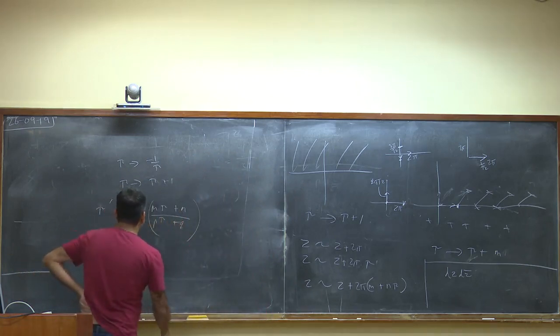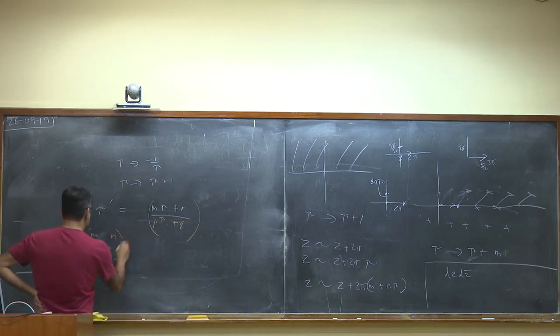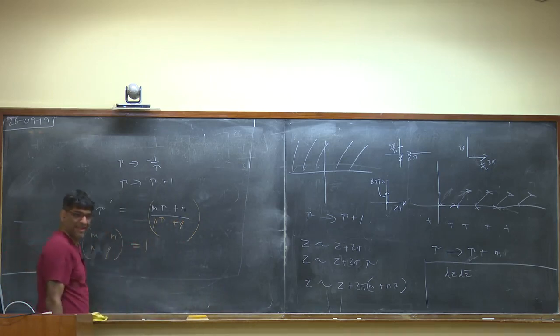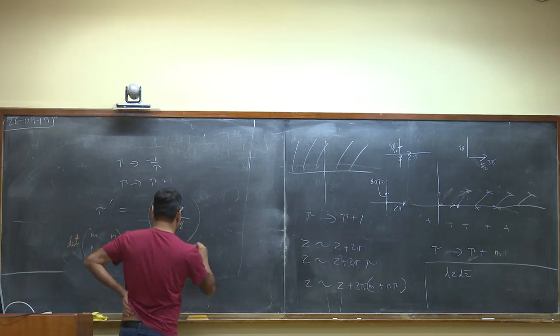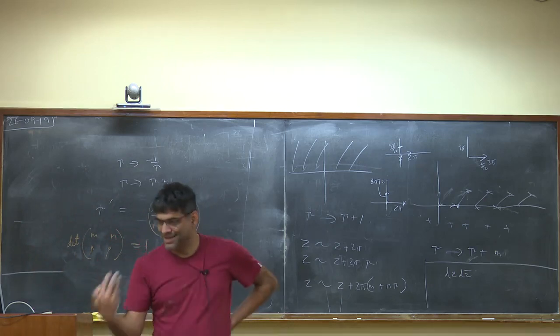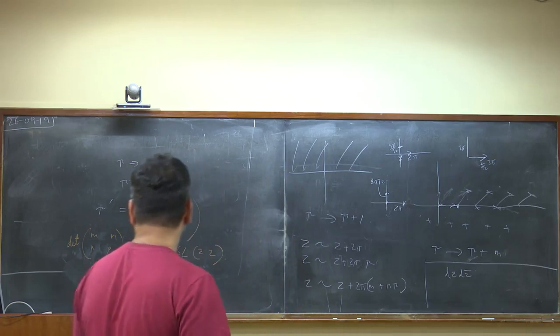So m, n, p, q such that the determinant is equal to 1. This is called SL2Z. SL tells you that its determinant is 1, and Z tells you that the elements are integers.